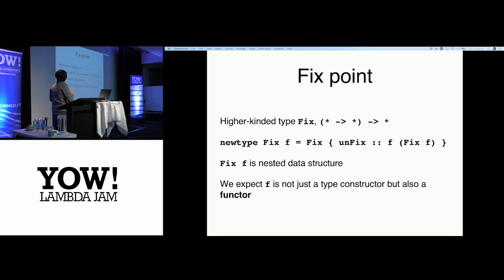And to iterate this nested structure, Fix of F, we expect that F is not just a type constructor, it's a functor. And here is how F being a functor makes the iteration work.